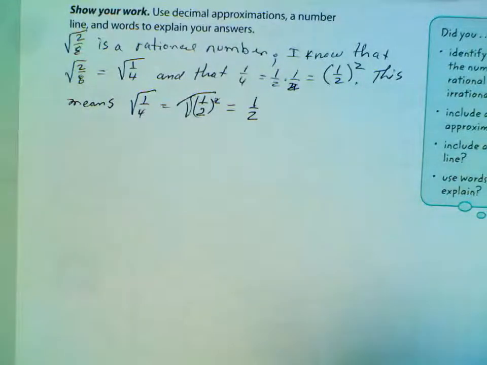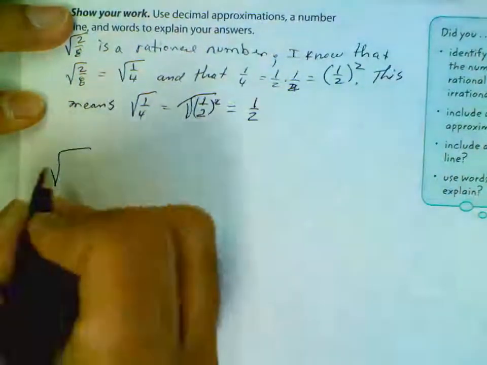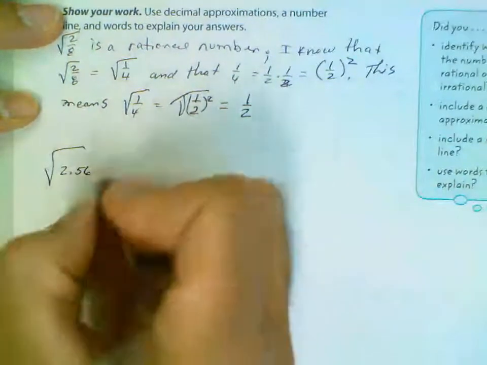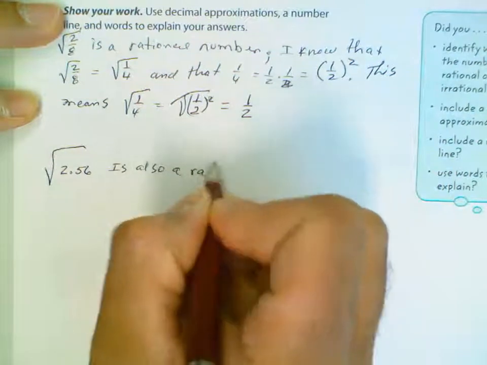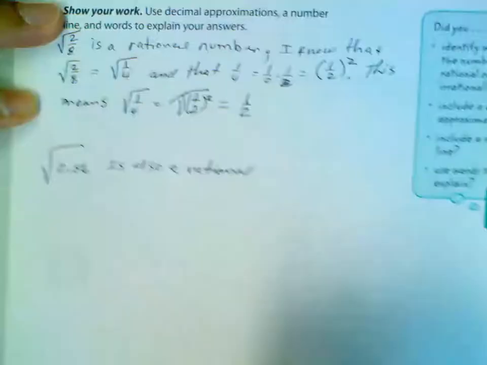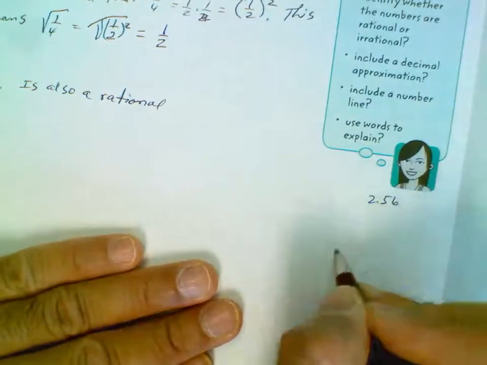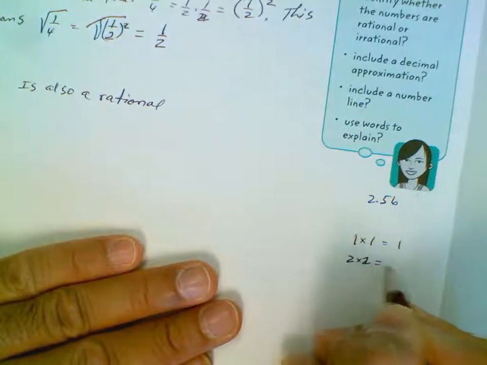A little bit harder is the second one. So I have the square root of 2.56. Let me type something here. So it's 2.56. So I'm going 1 times 1 equals 1. 2 times 2 equals 4.